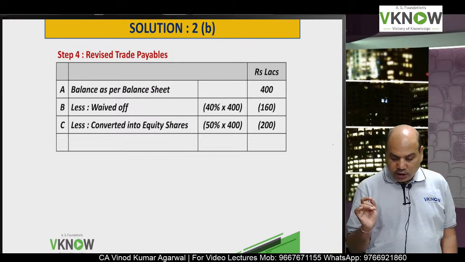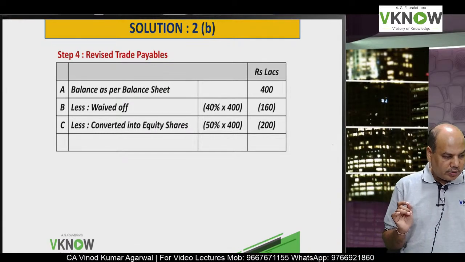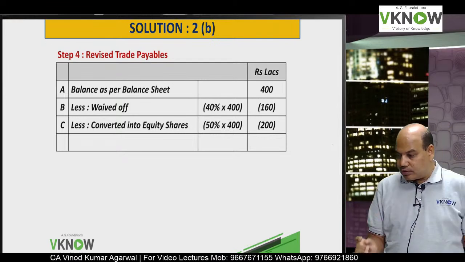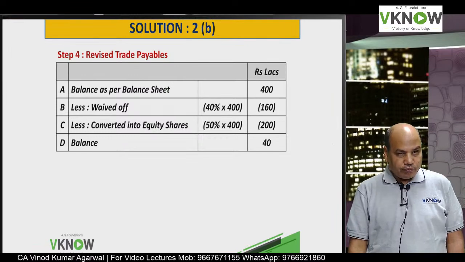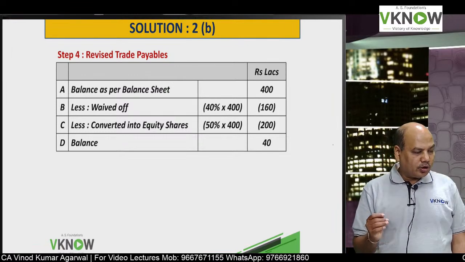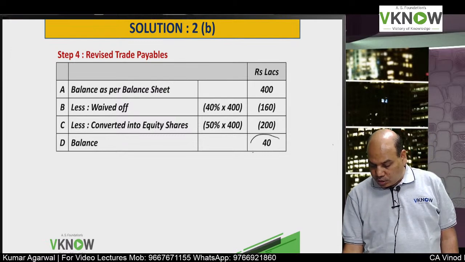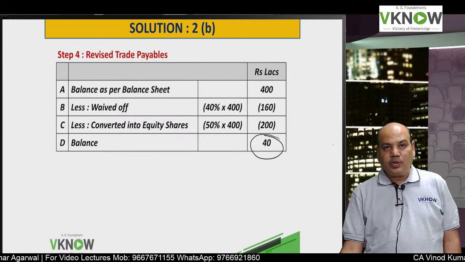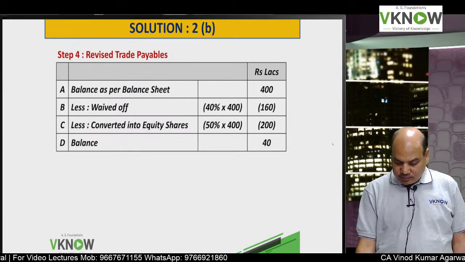So less converted into equity share capital will be 200. So what is the balance in the balance sheet now? 40. I will show 40 in the balance sheet. Understood? So I have prepared all working notes. What about term loan? Term loan will become 0 because it has been repaid.